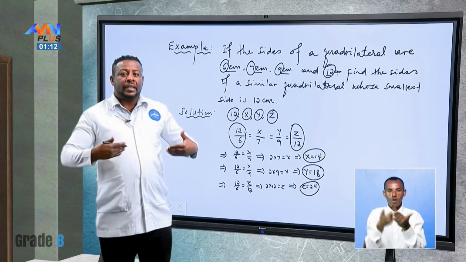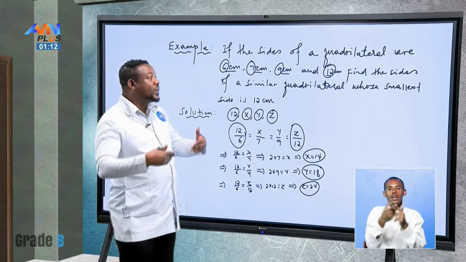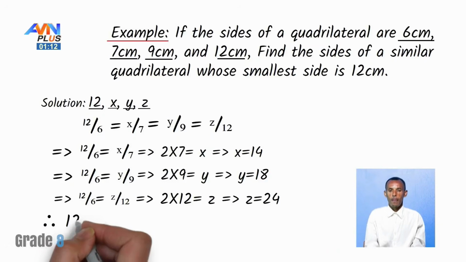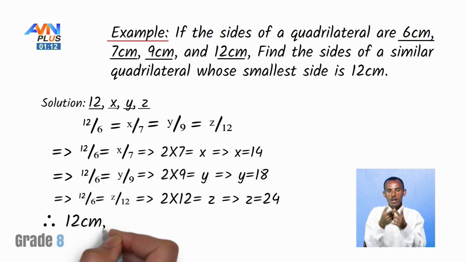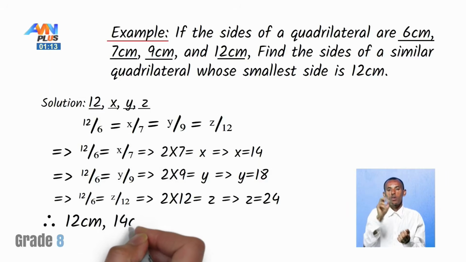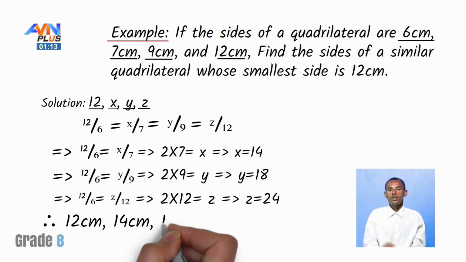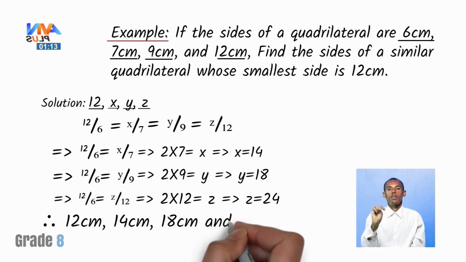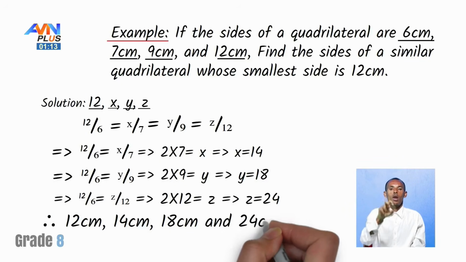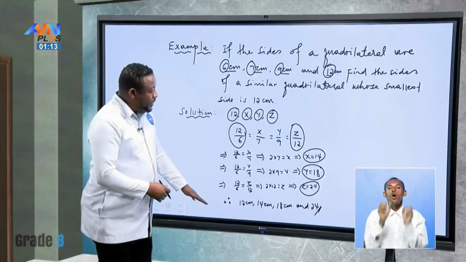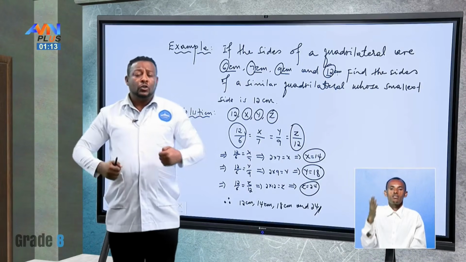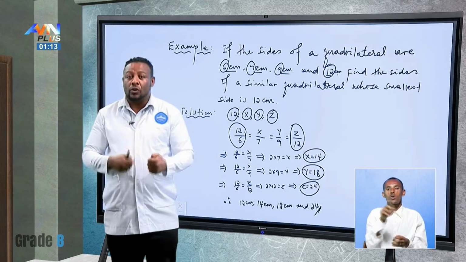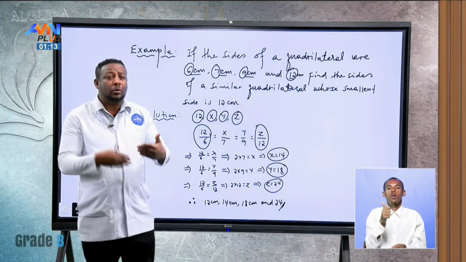Therefore, the sides of the second quadrilateral are 12 centimeter, 14 centimeter, 18 centimeter, and 24 centimeter. Okay, so these are the sides. You can also check whether your answer is correct or not by taking the proportions.